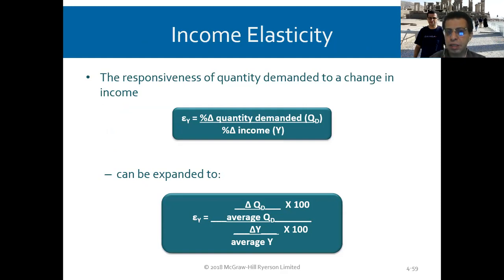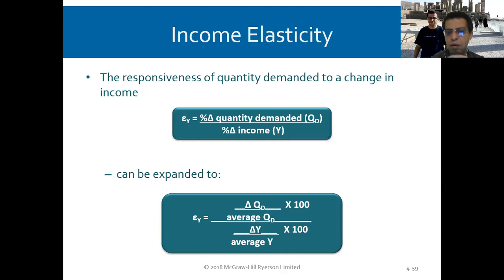So it is the responsiveness of quantity demanded to a change in income. If your income changes by an extra $100, would you buy two extra breads, or three, or four, or five breads? These two changes you have to compare.